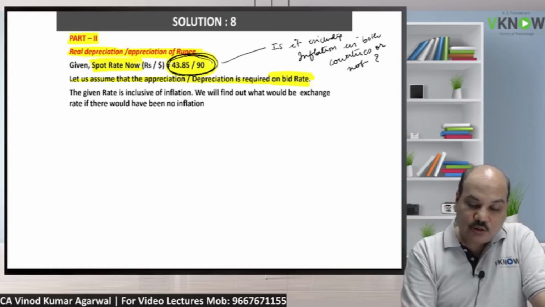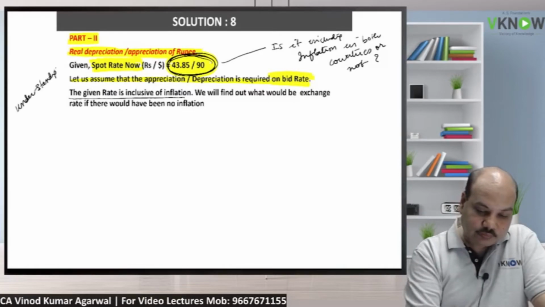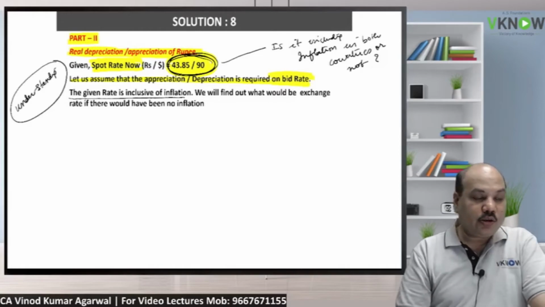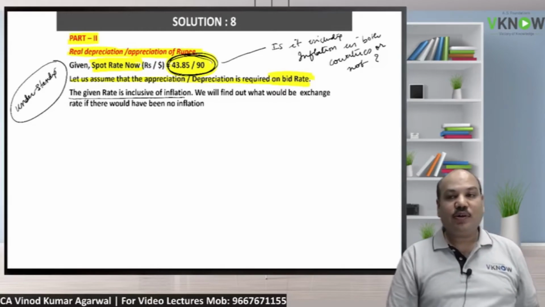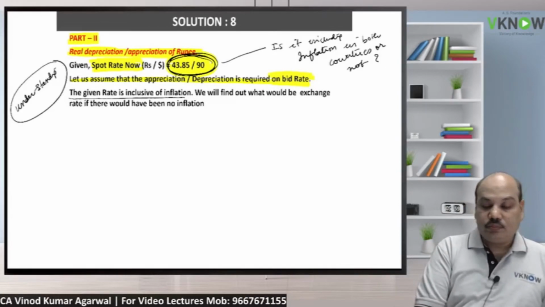Okay, so write a note. This is for understanding, otherwise you will not be able to understand this answer. The institute has not cared to explain this, they have only given the answer directly. So you write down the given rate is inclusive of inflation.